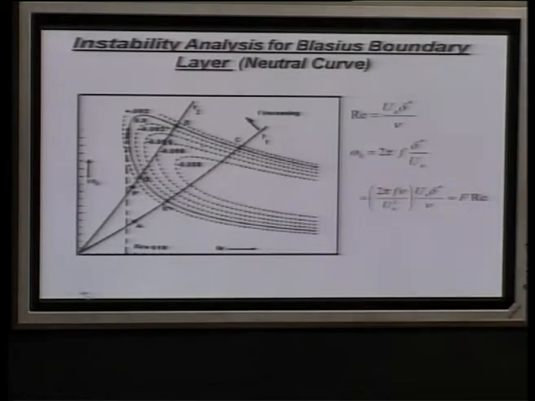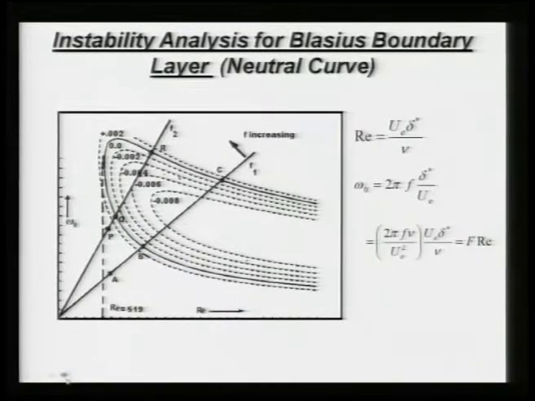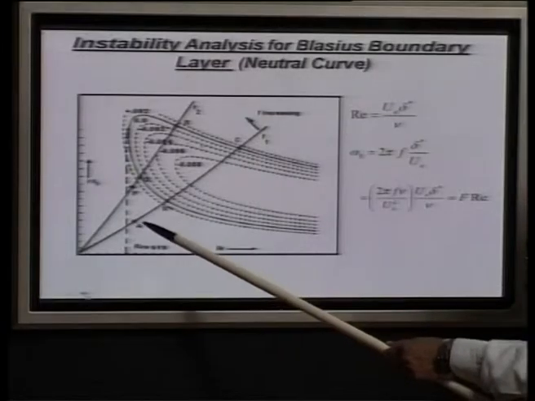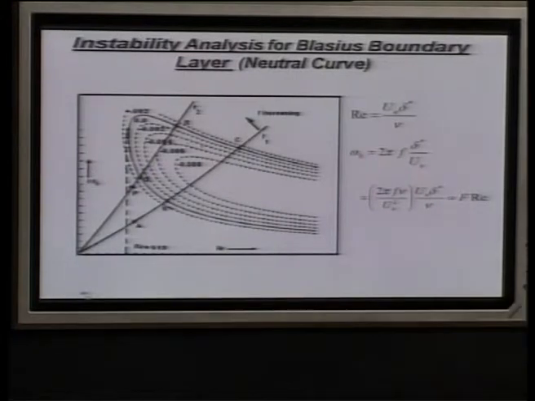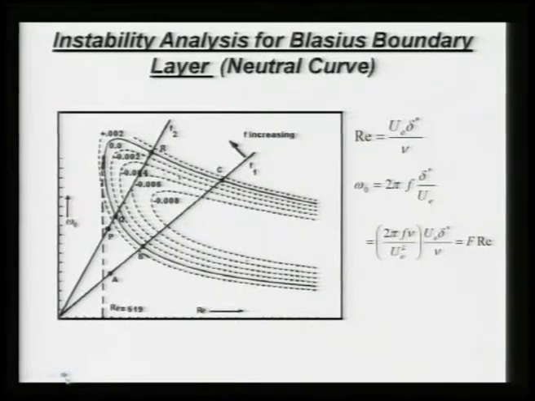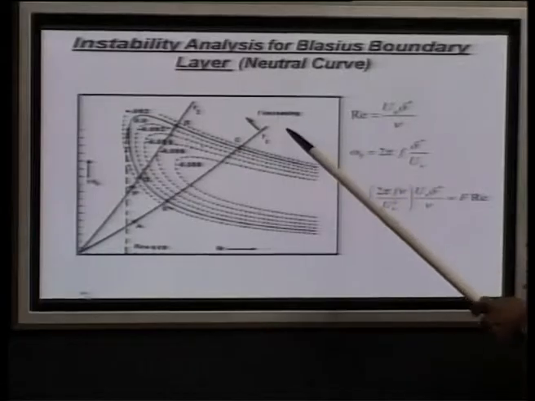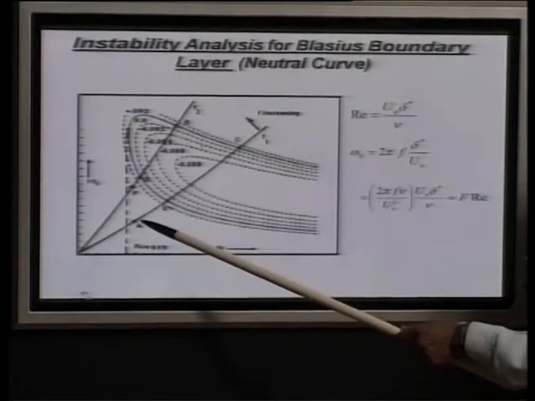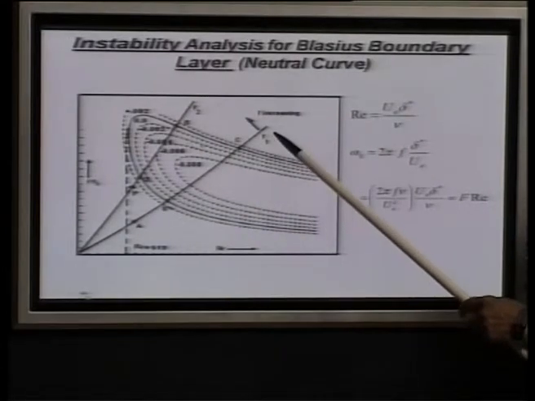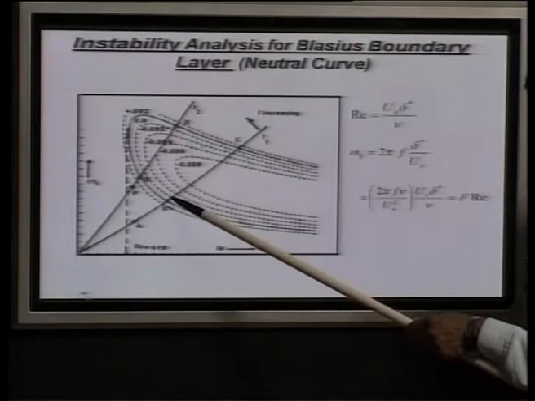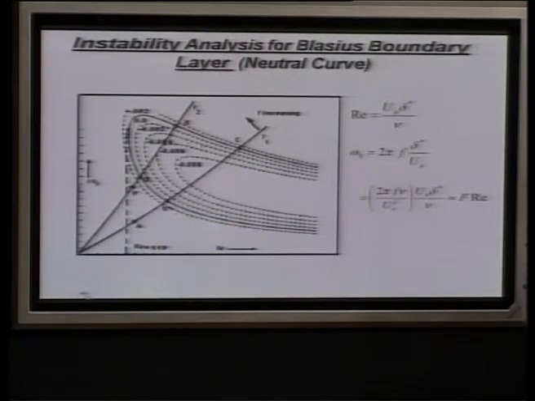So, now you see what happens. Suppose I start off from a point A. At this point A, I try to track a frequency corresponding to f1. Then this frequency will traverse along the straight line all the way up to point B. It is in the stable region, right.